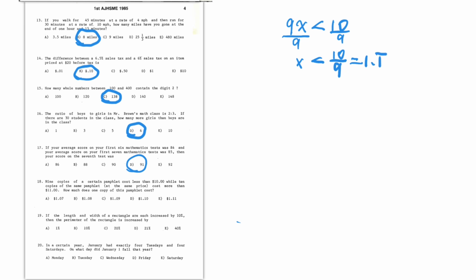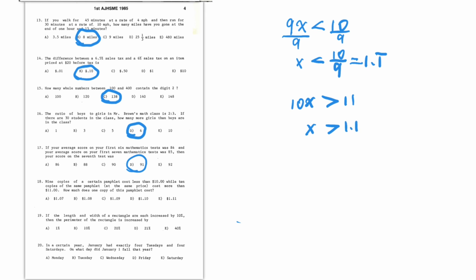10 copies, that's 10x, cost more than $11. 10x is greater than 11. Solve this: both sides divided by 10. That's x greater than 1.1.